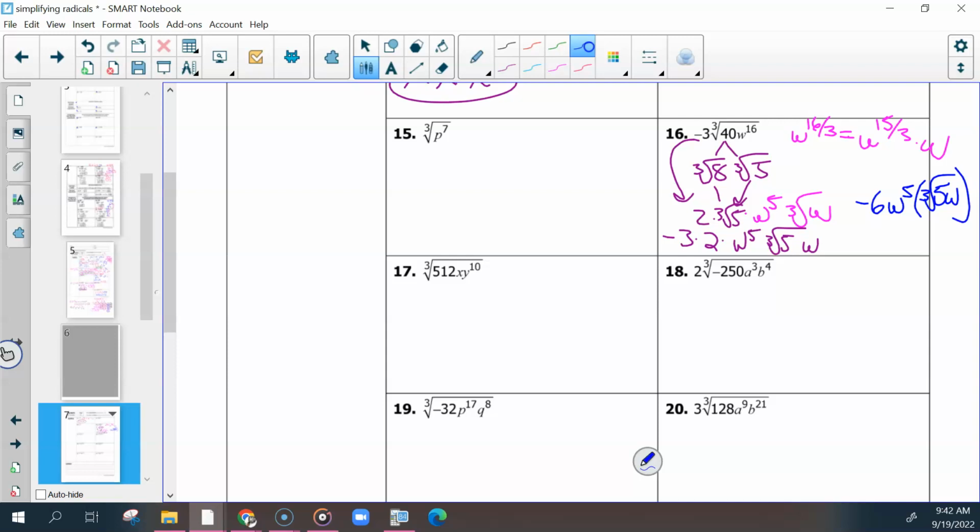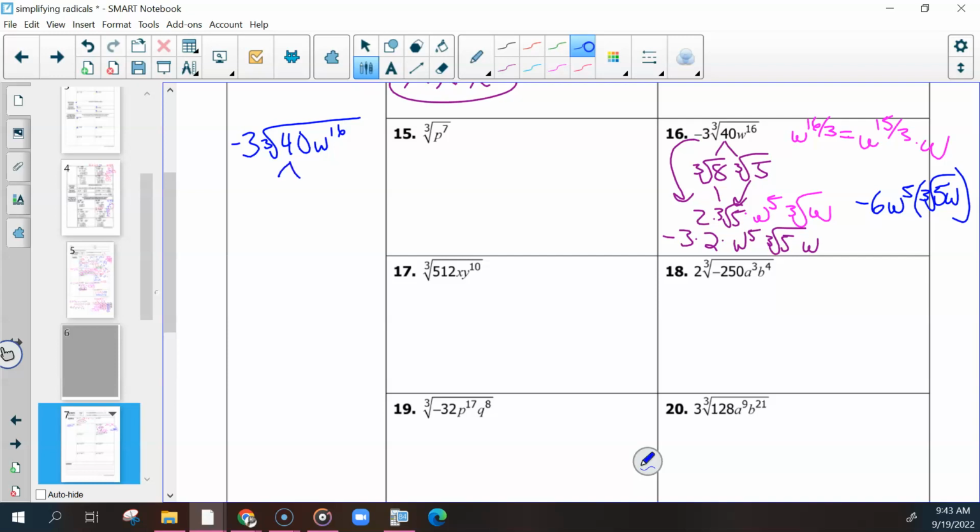Do we want to see that factor tree method? Yes. So do you know the number and the variable? Yes. Someone give me 2 factors of 40. Jaden. 2.